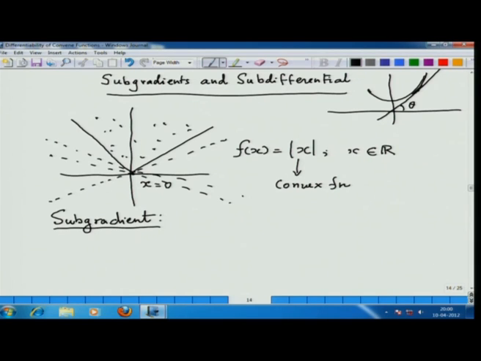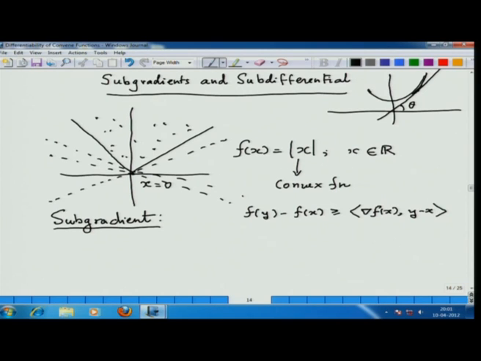Now, what does a gradient satisfy for a convex function? If a convex function is differentiable, then we have this by now well known formula. Here, if I consider each of the dotted lines as a tangent, you observe that all of these tangents are lying below the graph.